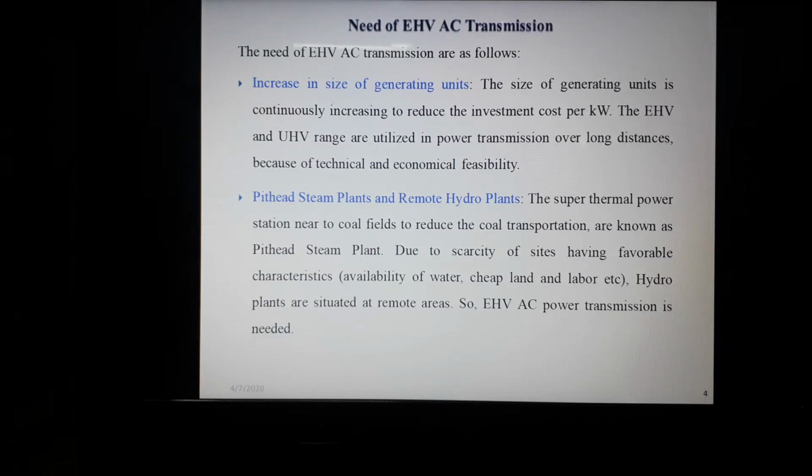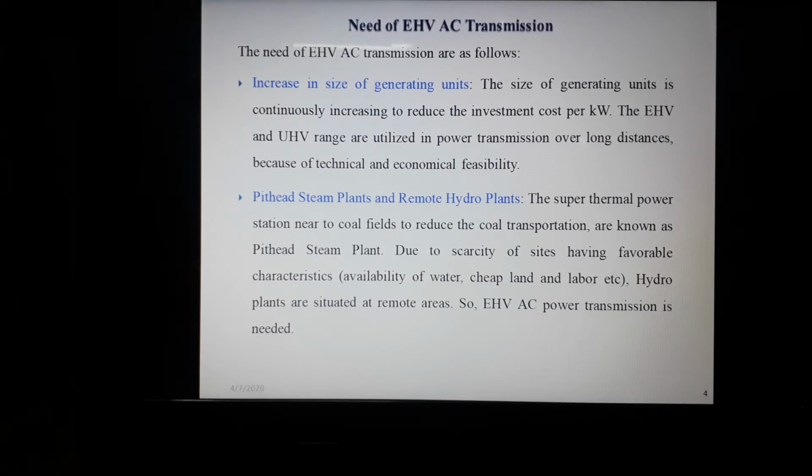The EHV and UHV ranges are utilized in power transmission over long distances due to their technical and economical feasibility.